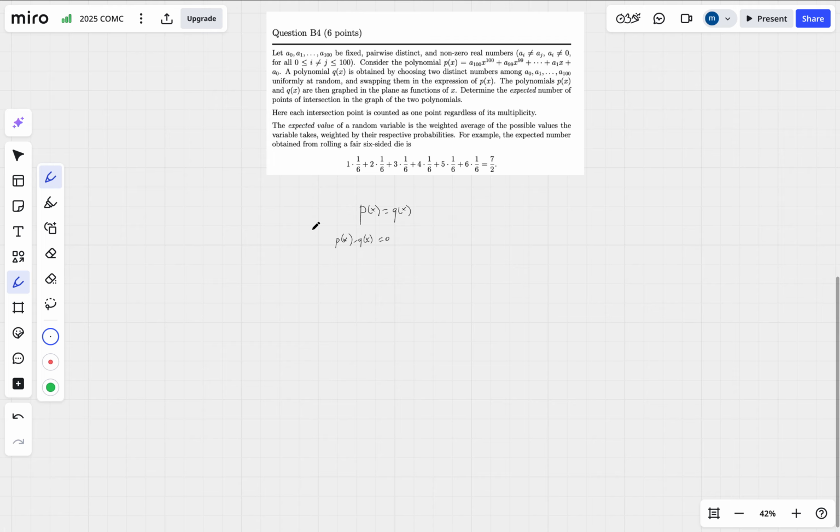So let i and j be the indices that were swapped. Without loss of generality, we can assume that i is greater than j.